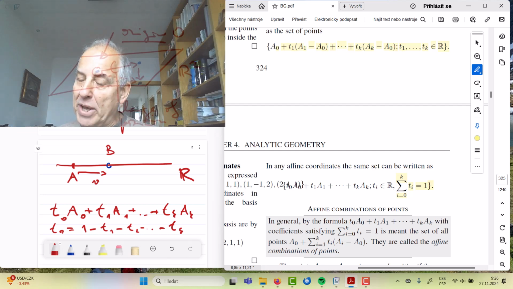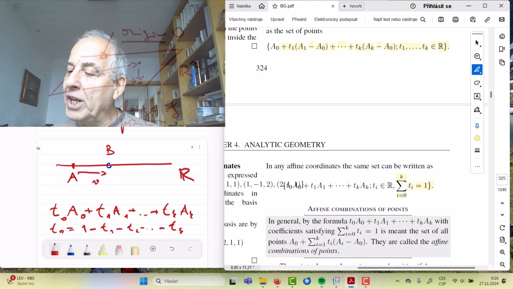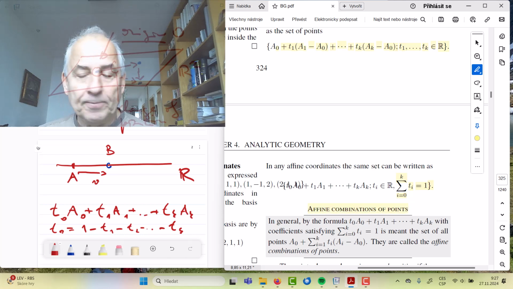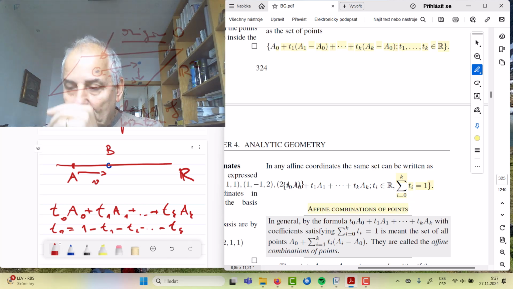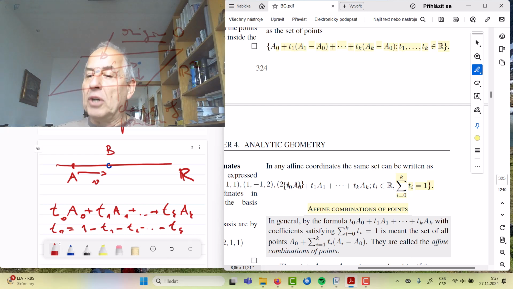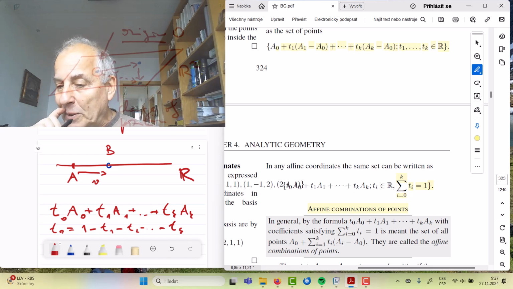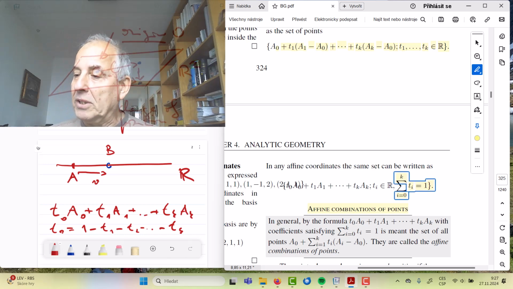That's the big difference to linear combinations of vectors. Affine combinations have the sum to be 1, right? And that's what this definition says. And of course, then in every coordinate, as we already saw, it will be just the linear combination of the coordinate expressions of all the points, but with the condition that the sum is 1.